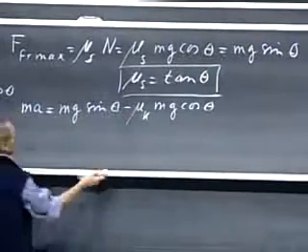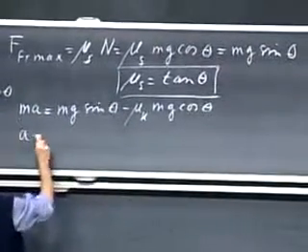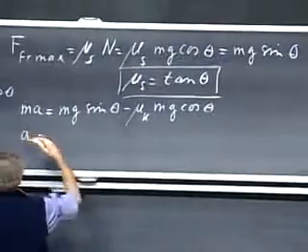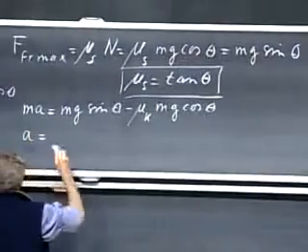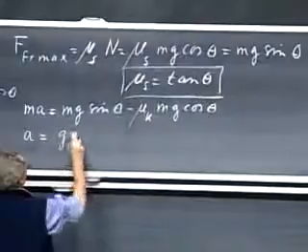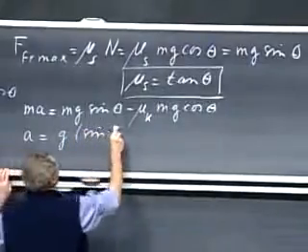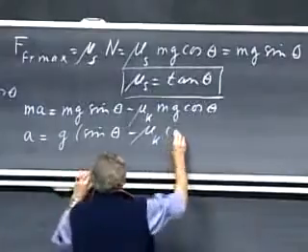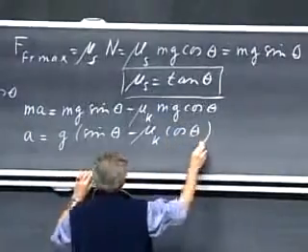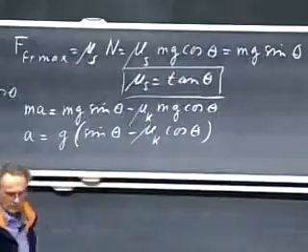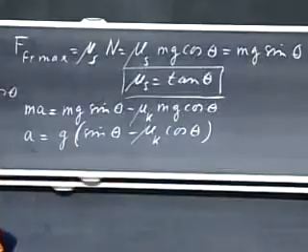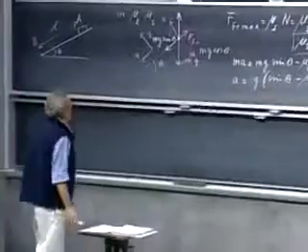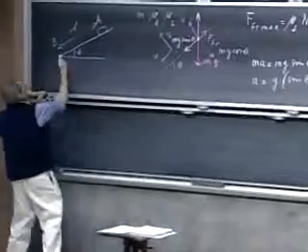I lose my m, and so the acceleration in the positive x direction, that's the way I defined positive x, equals g times the sine of theta minus mu k times the cosine of theta. That's the acceleration. And now a natural question would be, what is the speed at which it reaches point B?